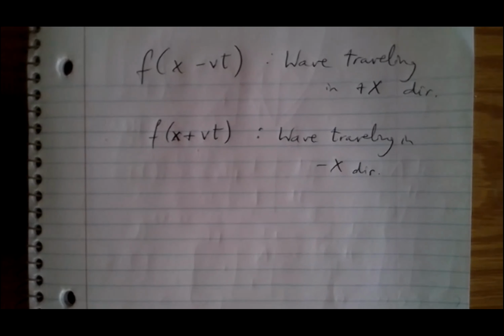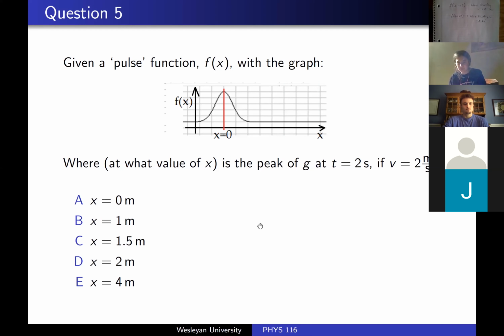So for the wave equation, we have the second partial derivative of f with respect to x equal to 1 over v squared times the second partial derivative of f with respect to t. And if it's moving in the positive direction, f is some function of x minus vt.